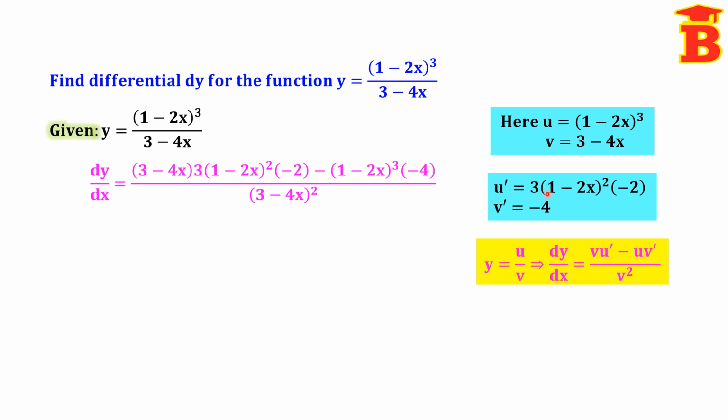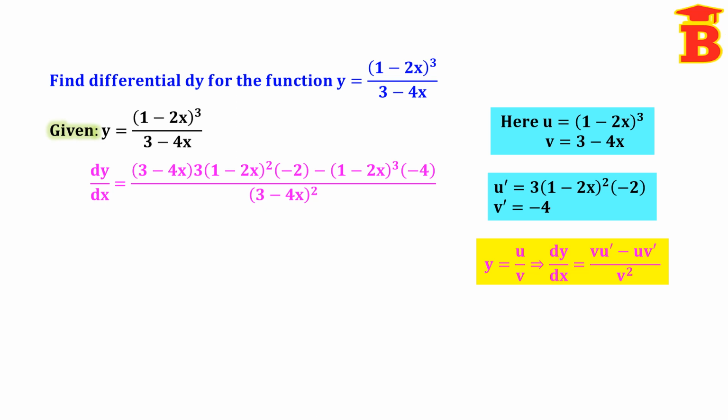So this is u dash, 3 into bracket square minus 2, minus u v dash. This is u, 1 minus 2x whole cube, into v dash. V dash is minus 4 divided by v square. So v is 3 minus 4x whole square. So this is dy by dx.